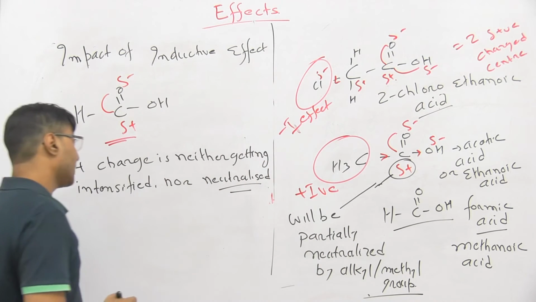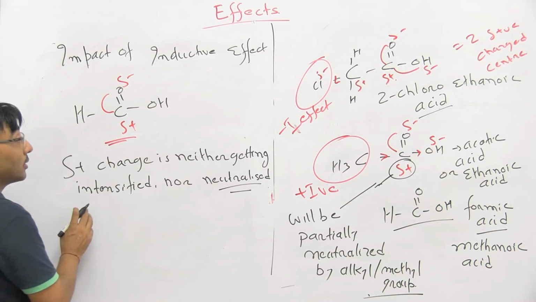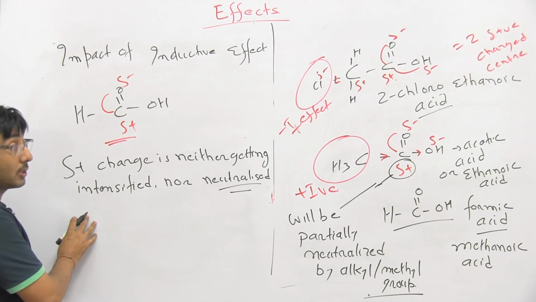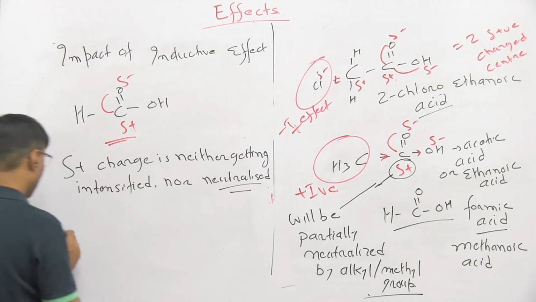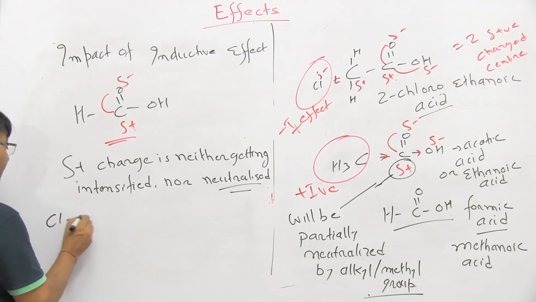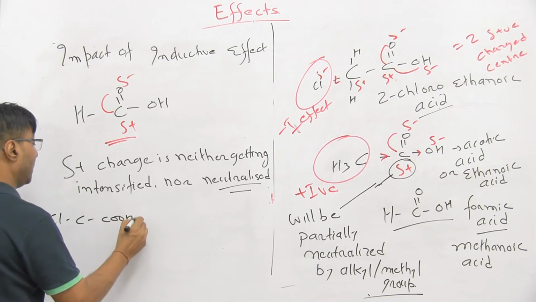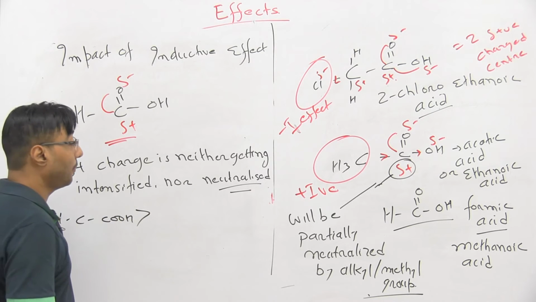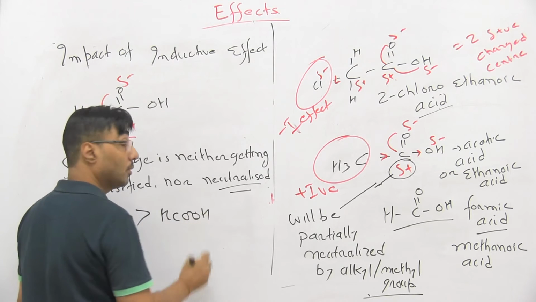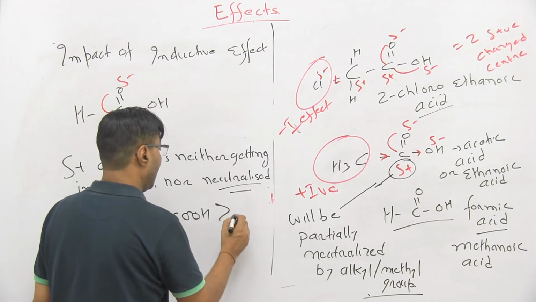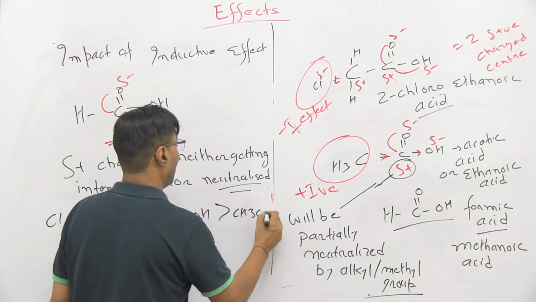So the strongest acid is the one which contains the minus I effect. ClCH2COOH is the strongest acid, followed by HCOOH, and finally CH3COOH.